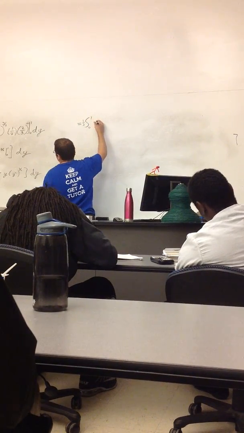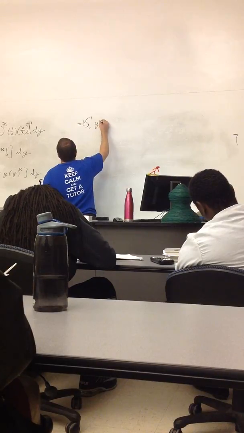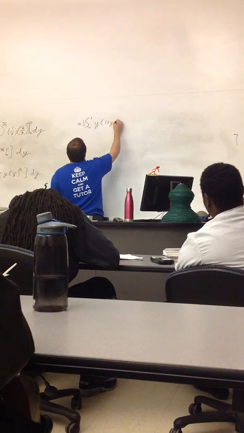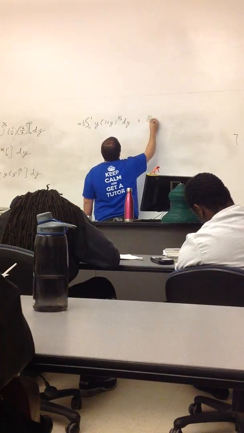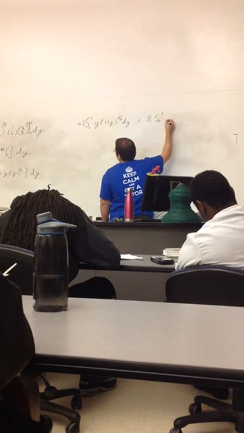And that's what ends up happening, you guys all see different things, and that's fine. y times 1 plus y squared to the 3 halves dy plus 1/3, integral 0 to 1.